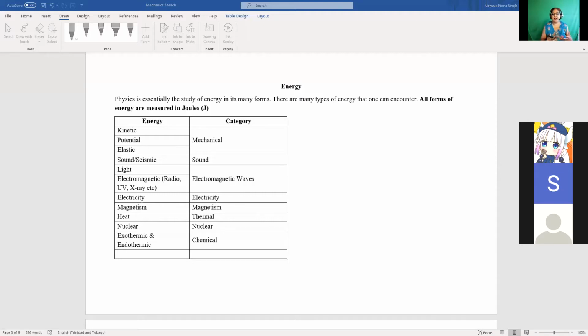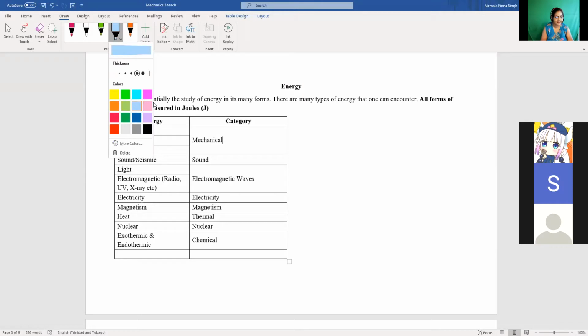If we were to look at how these different forms of energy can be categorized, we can categorize potential energy, kinetic energy, and elastic energy as what we call mechanical energy. Don't worry, we're going to go through what those are just now.